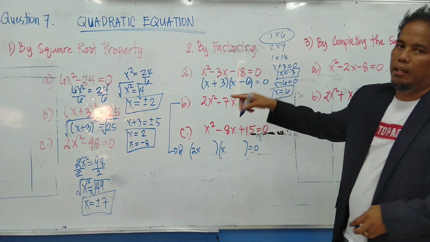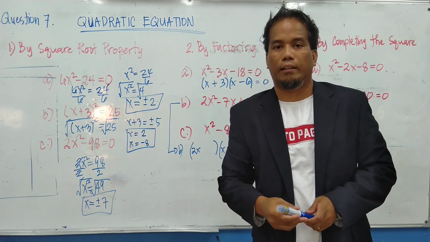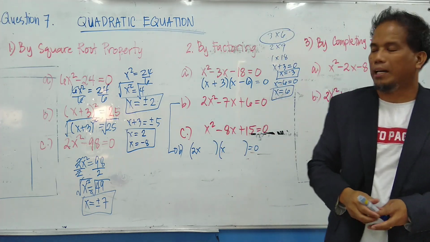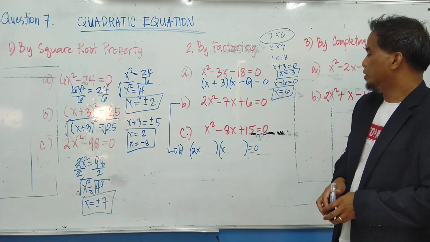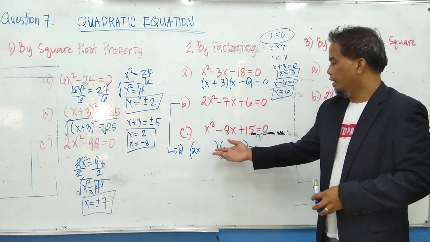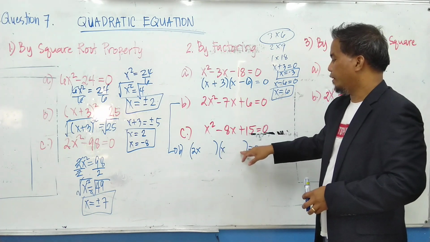And then, for 6, possible factors of 6, we have 2 times 3, 6 times 1, then 1 times 6. So those are the possible factors. Now, if we will use 2 and 3, where are you going to locate or assign 2 and 3? Are you going to write here 3 or 2, or 2 here, then 3 here?